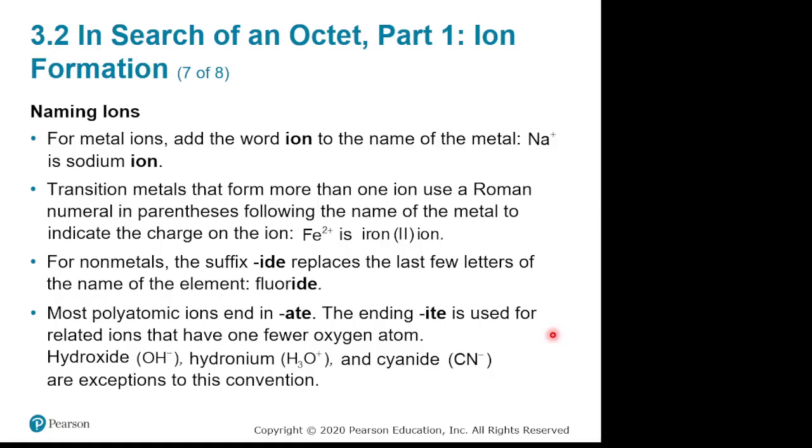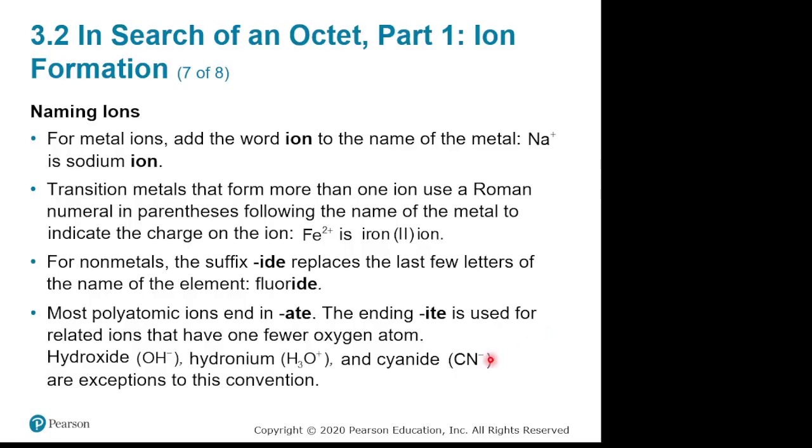Now, most polyatomic ions are going to end in "ate." Okay, this is going to be the most common one. It's typically the one with the more oxygens. The ending "ite" is going to be used for the related ions that have one fewer oxygen than the "ate."